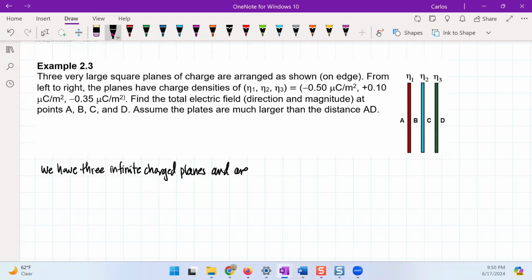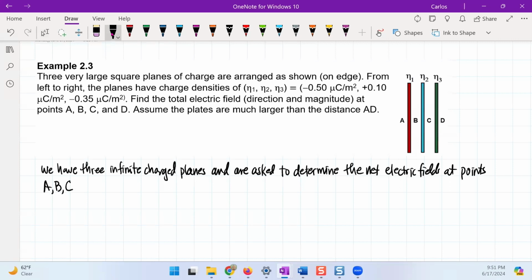And we are asked to determine the net electric fields at points A, B, C, and D.